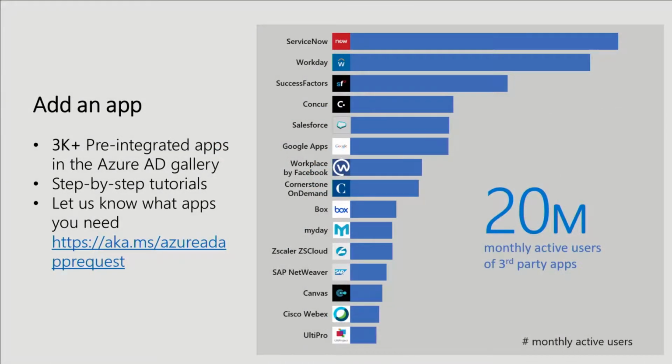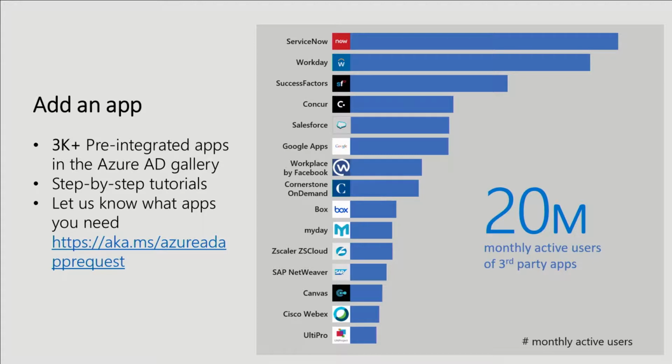So first, let's talk about adding an application to your tenant. The Azure Active Directory team has pre-integrated about 3,000 applications with our gallery, and we've tested out single sign-on to make sure that you'll have a smooth experience onboarding. So we've even created a set of tutorials that walk you through step-by-step how to integrate that application, both within Azure Active Directory as well as within the third-party application.